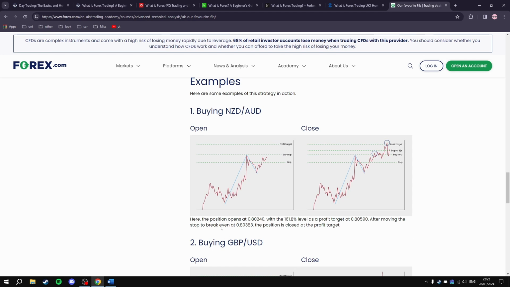After moving the stop to break even at 0.80383, the position is closed at the profit target. So it goes boom, boom, boom. Buy stop, you start a little bit above that, and then boom, profit target.